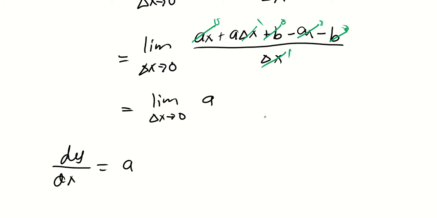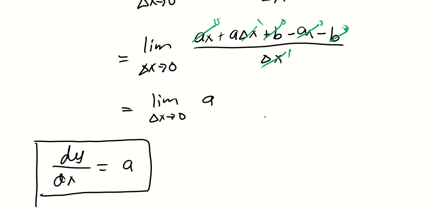And also, where's b? Where's the constant b? Where does b go? If you remember our discussion, we can distribute the derivative over a sum of functions. So ax plus b can be treated as two functions, ax and b, a constant function.